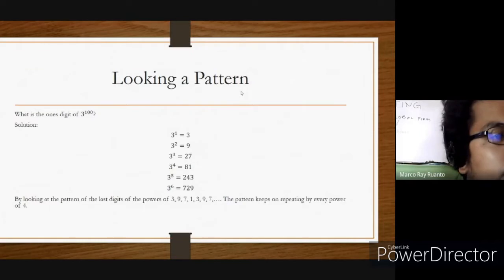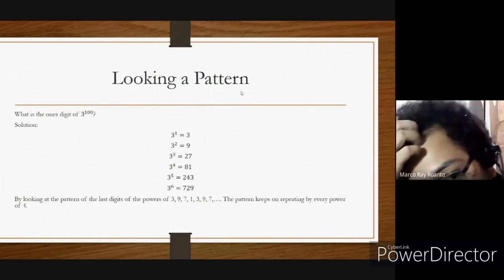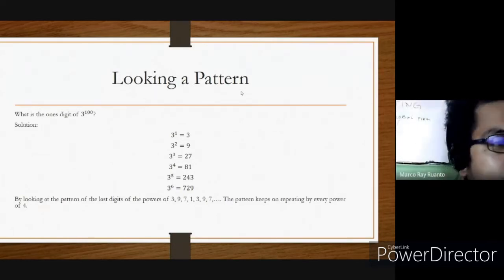Since 100 is a multiple of 4, or divisible by 4, we can say here that the ones digit of 3 to the power of 100 is 1.